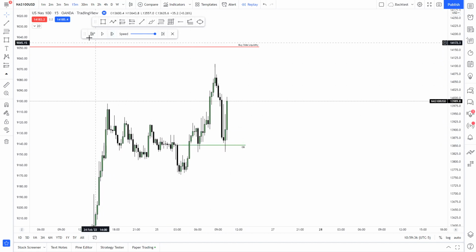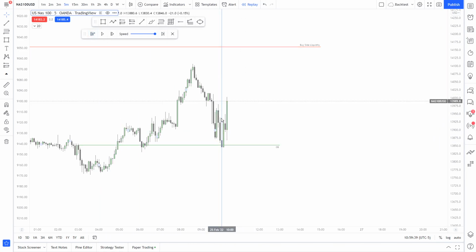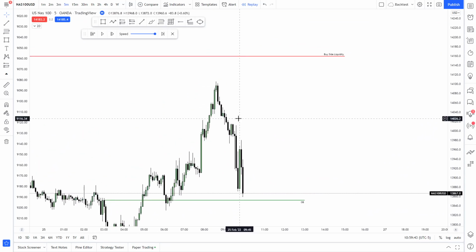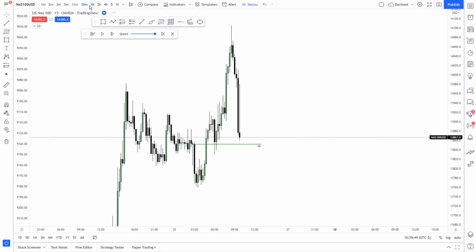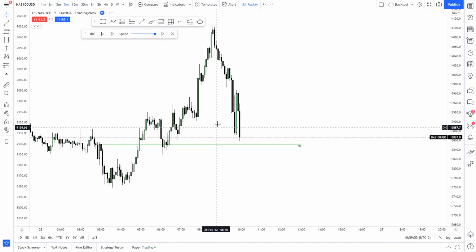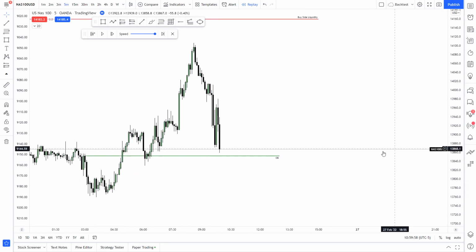Okay, so price touches. It's gone a 5 minute. Let's quickly just rewind that. Okay, so price comes back into this 1 hour order block. We want to see price come to this order block and then continue to price our liquidity.